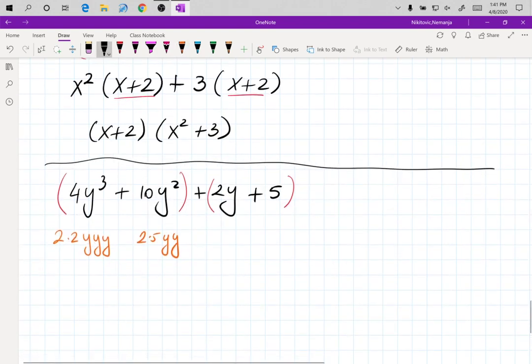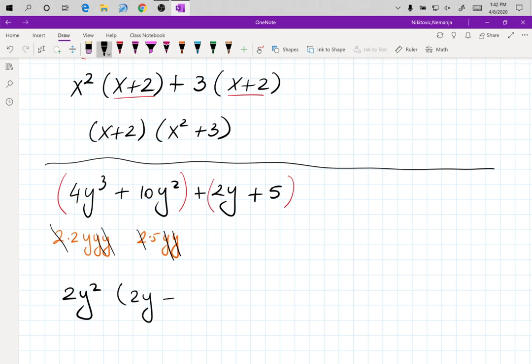So what is common? 2y squared is common, right? So you see, you use up one of the 2's and then you use 2 of the y's. And what's the leftover? 2y plus 5 is the leftover.